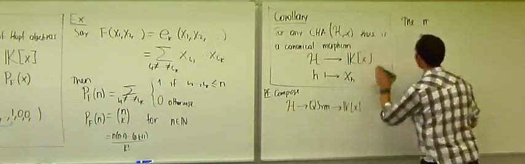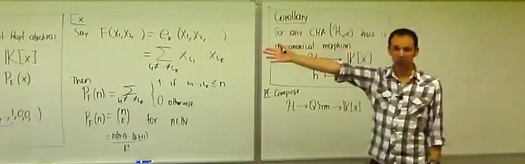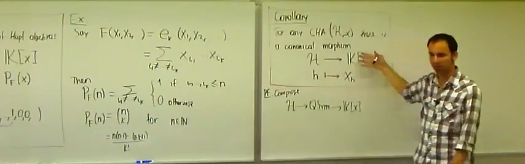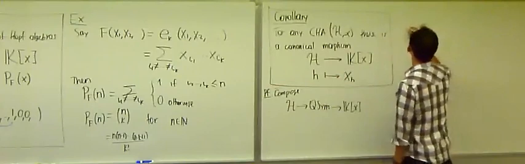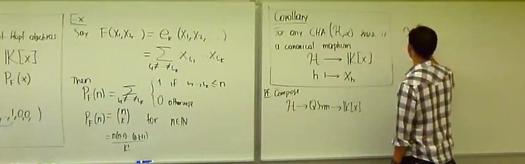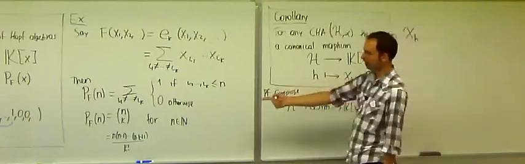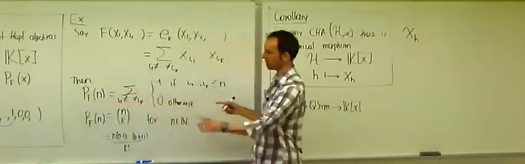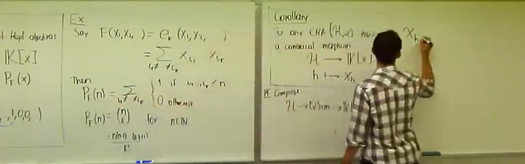And remember, I gave you explicit formulas for both of these morphisms, and so that means that we have an explicit formula for this one also. I'm just going to write it down for you. Well, actually, we don't have an exact formula for the polynomial itself, but we have a formula for what happens when we evaluate at n. Okay? Because we have a full formula for that one, and we have a formula for evaluating at an integer here.